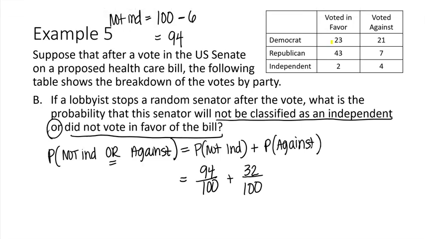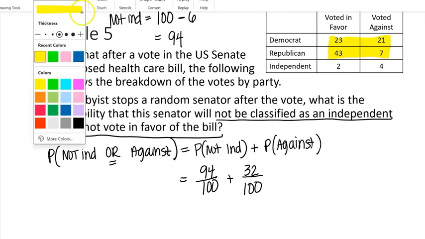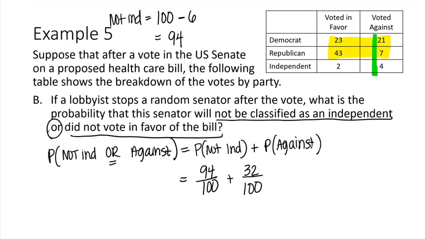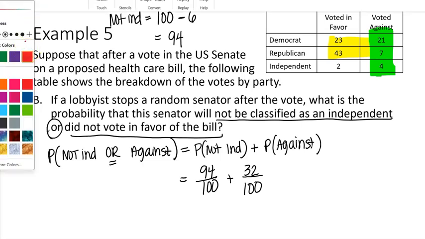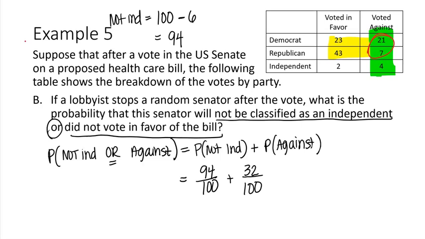So when I had my Democratic Republicans, and then I came in with my against, who got double counted? That would be these. If they're giving you a table like this, highlight, circle, do whatever you need to do to notice that there were 28 people that got double counted out of the 100.